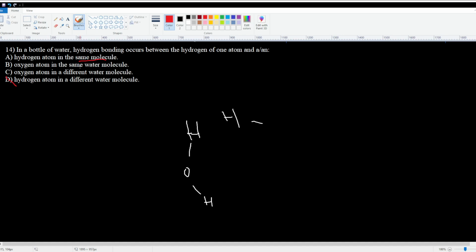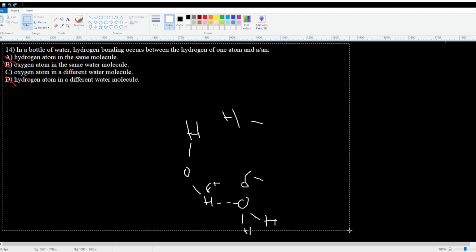And in the same water molecule, like I said, hydrogen bonding would be considered an intermolecular force, not an intramolecular force. So if we're talking about within the same water molecule, that is out of the question. So hydrogen bonding would not occur between these two, leaving only an oxygen atom in a different water molecule. Like I said, if we have an oxygen, because this carries a partial negative charge and this carries a partial positive, these are going to create, excuse me, a hydrogen bond.